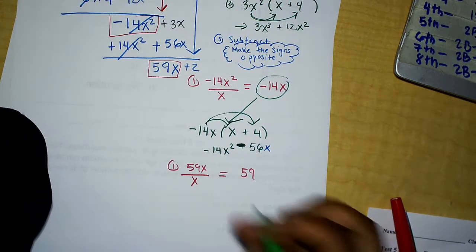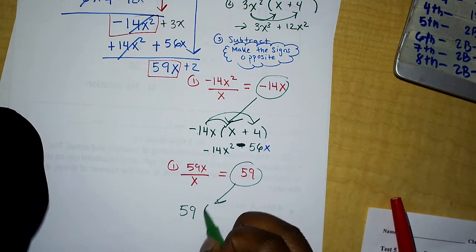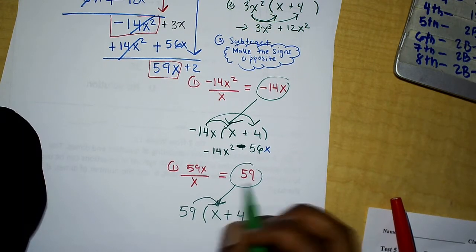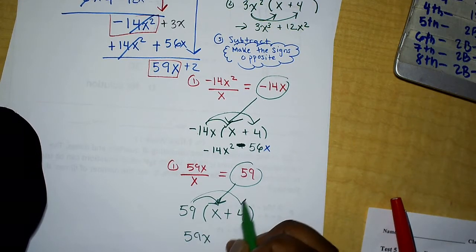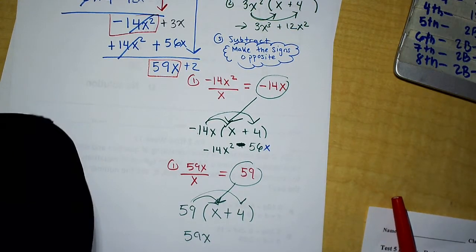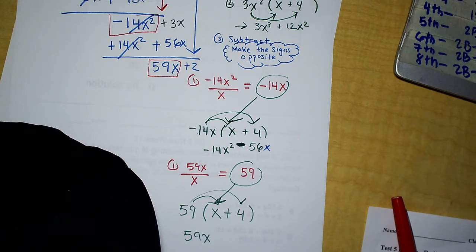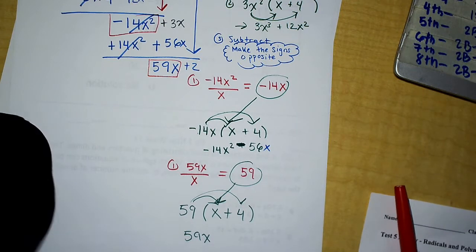Now we're going to multiply 59 times x plus 4. So this will be 59x. And I got to get my calculator again. 59 times 4 is 236.